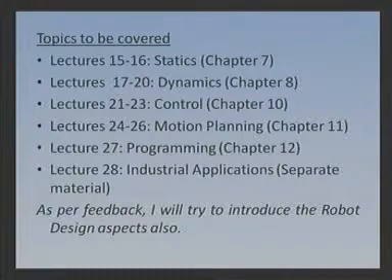Then we will have lectures on control as well, 21, 22, 23, about 3 lectures. We will have about 3 lectures on motion planning as well, which is nothing but the trajectory planning, chapter 11 of the book. We will have about a class to discuss different types of programming, which is chapter 12.